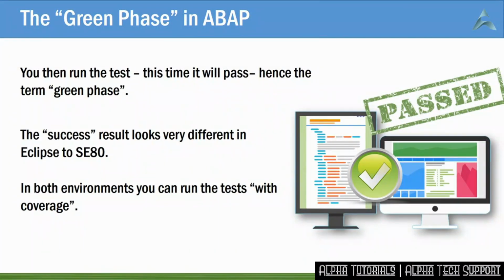We've got to the passing stage, hence the name green phase, because it passes. If you run the test in SE80, all you'll get is a little blue line at the bottom of the screen saying X test methods have run, X test classes have run, no errors.